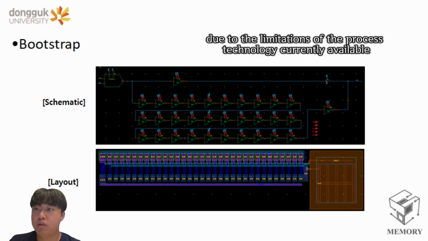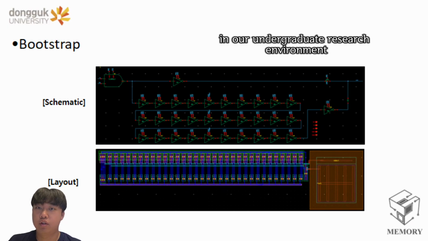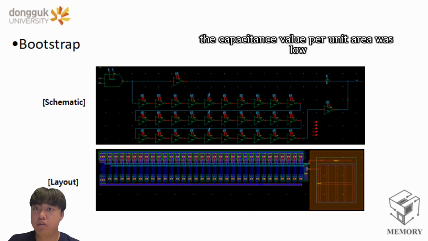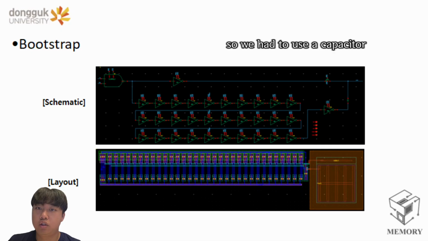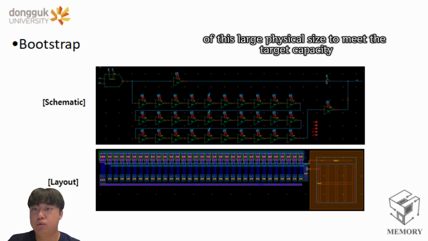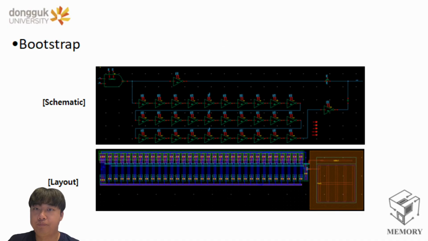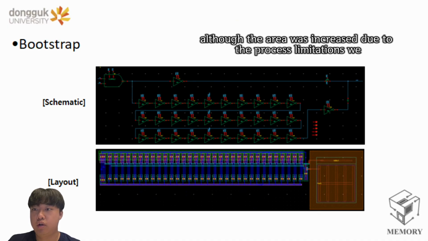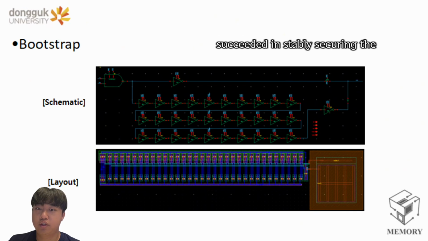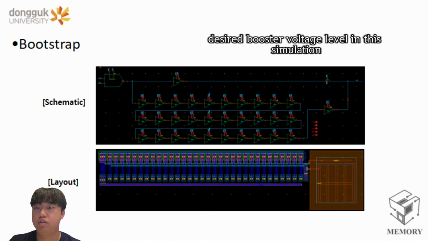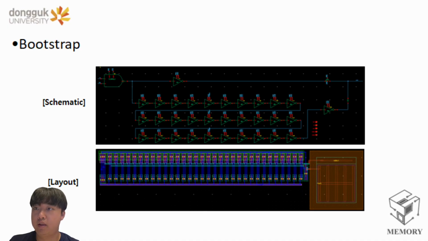Due to the limitations of the process technology currently available in our undergraduate research environment, the capacitance value per unit area was low, so we had to use a capacitor of this large physical size to meet the target capacity. Although the area was increased due to the process limitations, we succeeded in stably securing the desired bootstrap voltage level in this simulation.